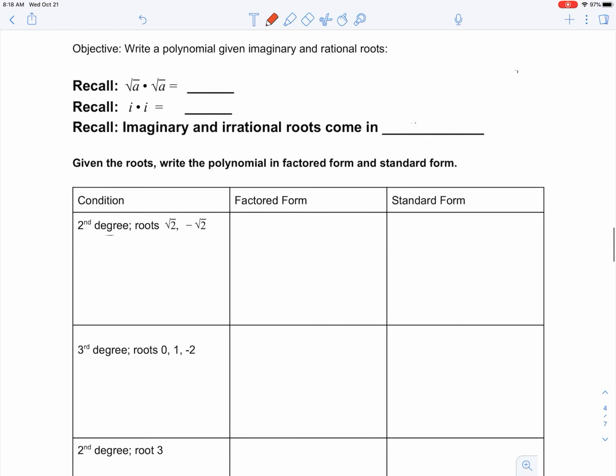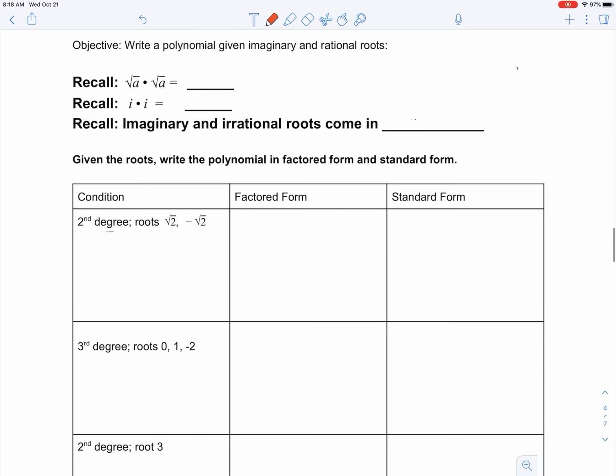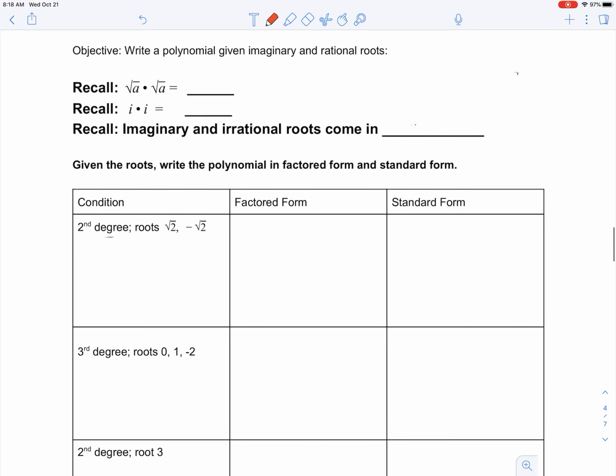Now we're going to look at, given the roots, how do we write the equation in standard form and in factored form? There's a couple of things we need to remember. When we multiply radical A times radical A, that's A. When we multiply i times i, we get -1.